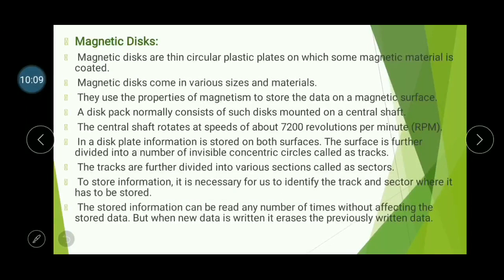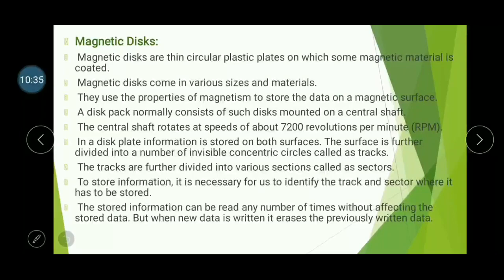To store the information, it is necessary for us to identify the track and sector where it has to be stored. The stored information can be read any number of times without affecting the stored data. But when new data is written, it erases the previously written data.